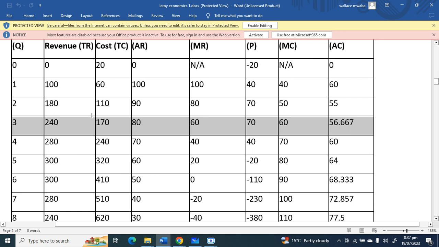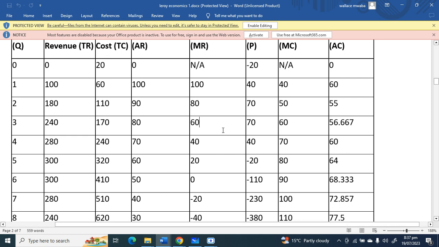You can also argue the firm can produce 2 units, because at 2 units the profit will still be its maximum. But here we'll go for 3 units, because at this point MR equals MC.